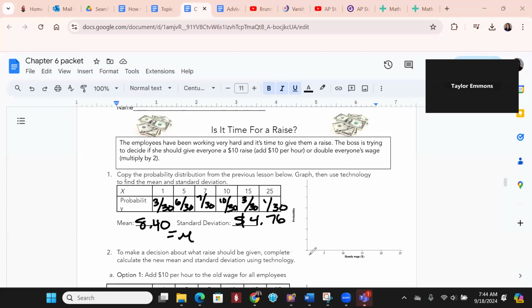Now we're going to draw the bar graph. On here, if we have 1, it's going to have a probability of 3 out of 30. So we're just going to label these going up by 2s.